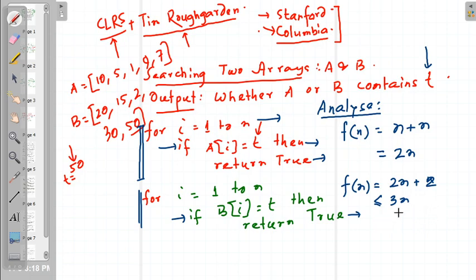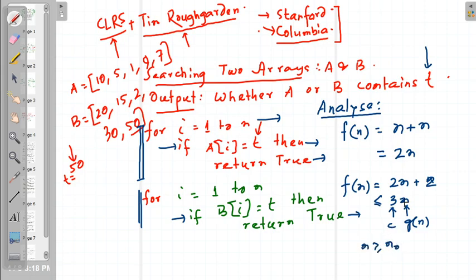And then this is our c, this is our g(n). For the order of n notation, this condition has to be satisfied: f(n) less than or equal to c times g(n), for n greater than or equal to n naught, as we have seen.